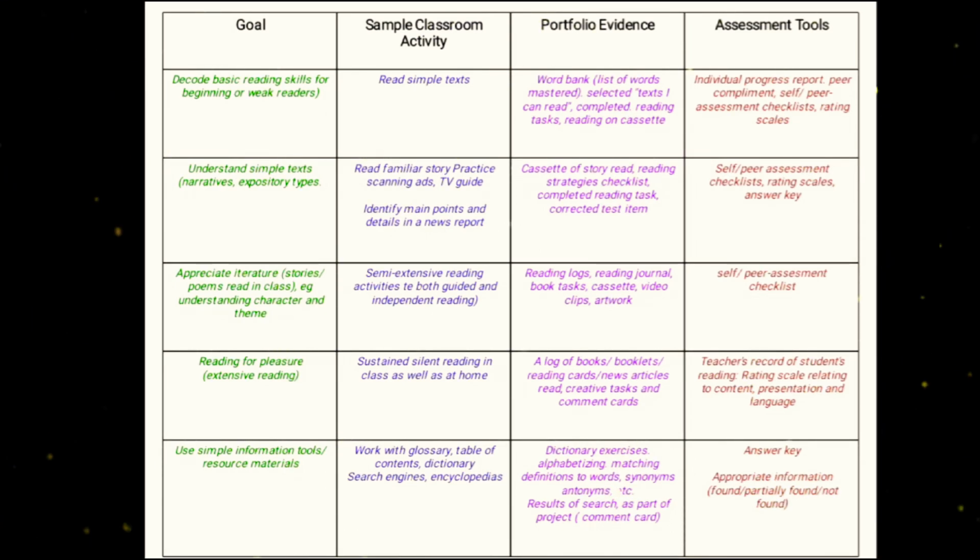Sa portfolio evidence naman, maaaring magkaroon tayo ng list of words na maaari nilang ma-master and selected text na pwede nilang mabasa at ma-master. So sa assessment tool naman, ang maaaring gawin natin is to have individual progress report, yung self and peer assessment checklist, rating skills.